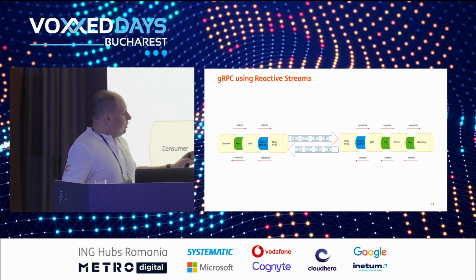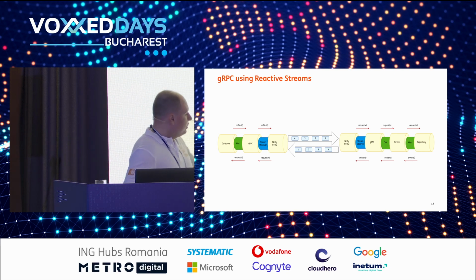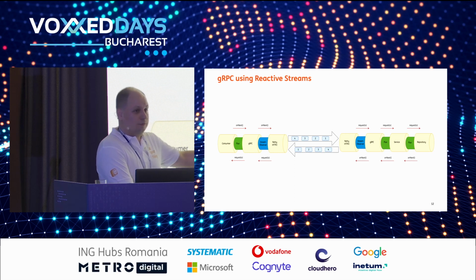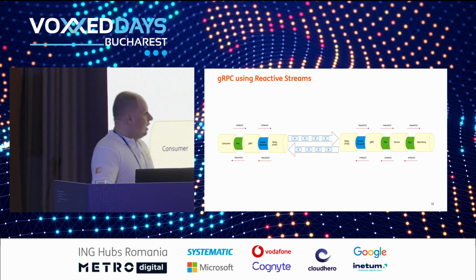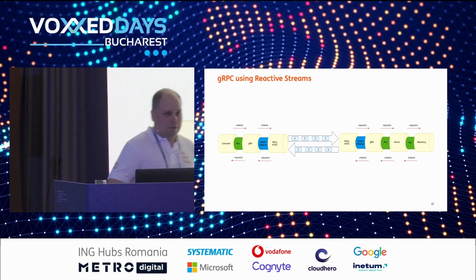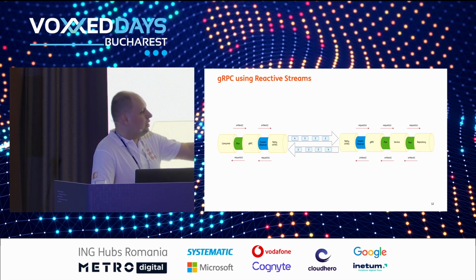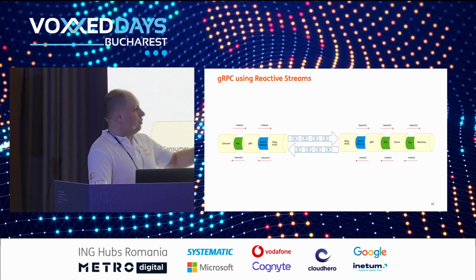That Flux can be consumed by a stream observer from gRPC. The stream observer is an implementation on top of HTTP2, which is able to receive data, do something with it for each message that we are sending, and then put it on the HTTP2 channel. Once it reaches the HTTP2 channel, each message is sent in order towards the server.